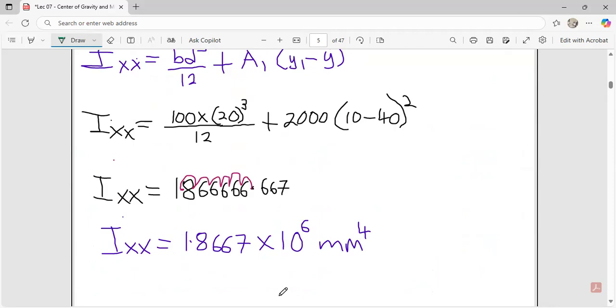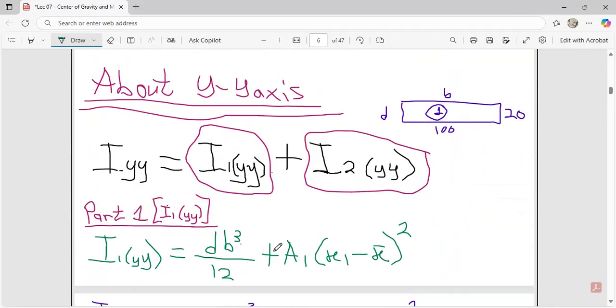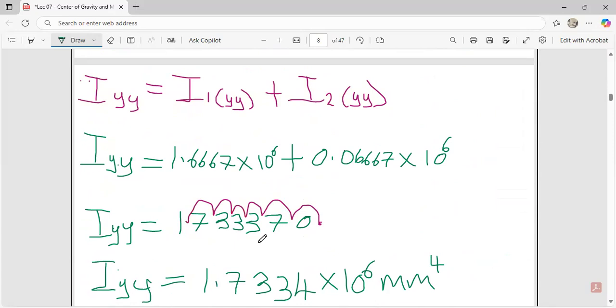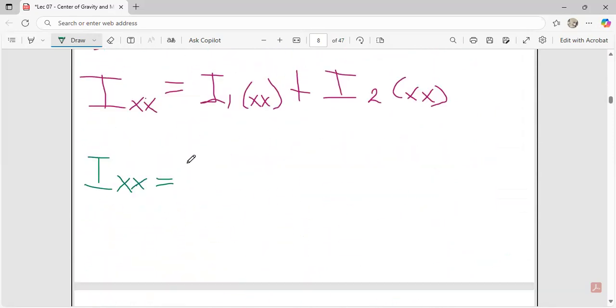So let's write that together: 1.8667 times 10 exponent 3, plus what?